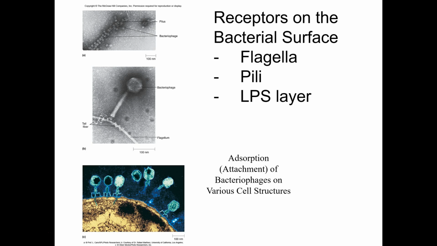Okay, so they're covering the sex pili. They recognize the pilin protein. Down here, the bottom image, this is poor E. coli that has the T4 phage binding to its LPS layer. Okay, so those are three examples. Okay, it could be other things. It could be capsules, slime layers, peptidoglycan. Viruses are very picky about what they bind to on that host cell surface.